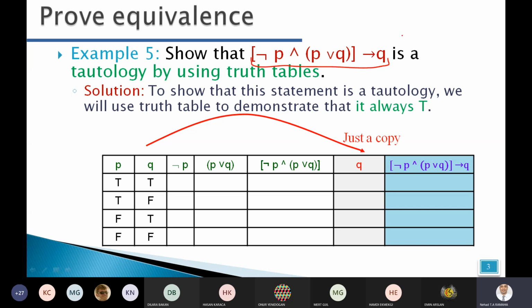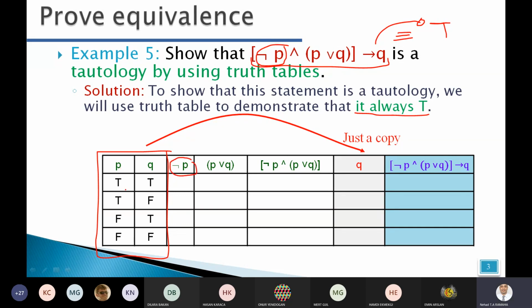This means if all the possibilities of this one are true, if it's always true, then it's a tautology. Okay, we start. We have only P and Q. These are all the possibilities for P and Q: true, true, false, false; true, false, true, false. Okay, now the first term is not P. I bring not P here.